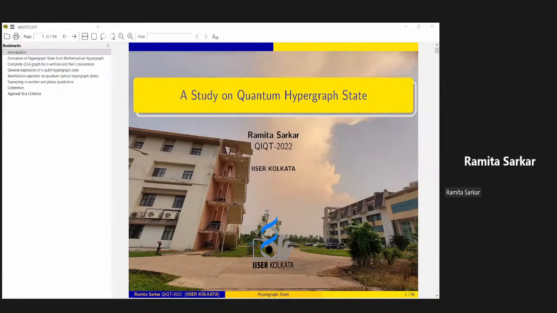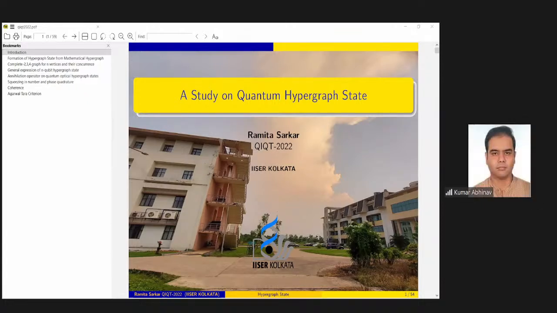After that, squeezing and coherence and non-classicality criteria like Mandel's Q parameter, higher order anti-bunching, Agarwal-Tara, and so on. First, I define what is a graph. A graph is a pair of sets in which X is a set of vertices and E is a set of pairs of vertices.